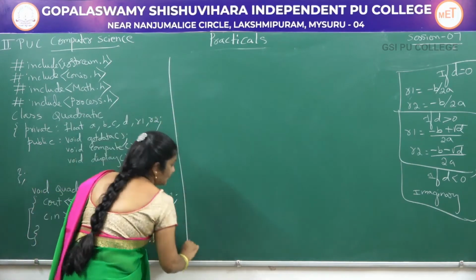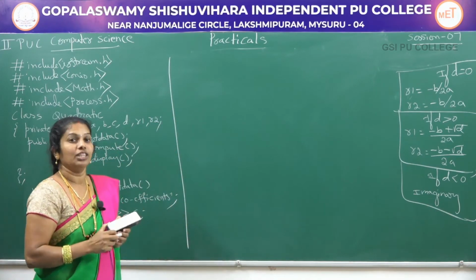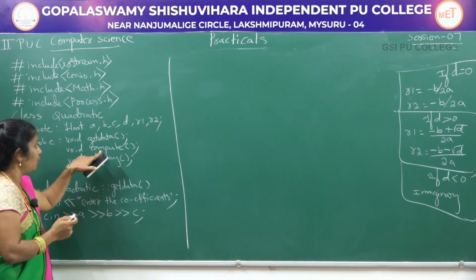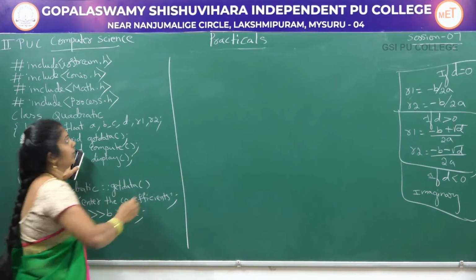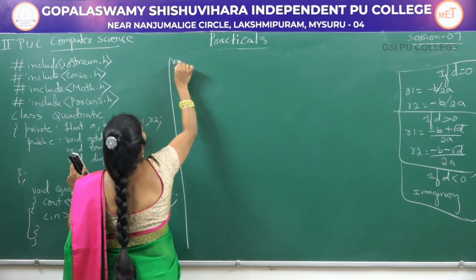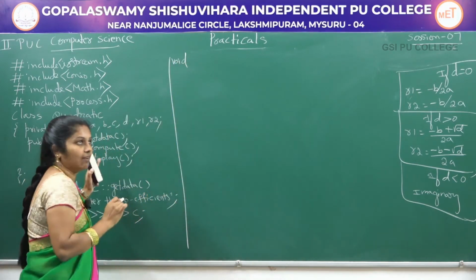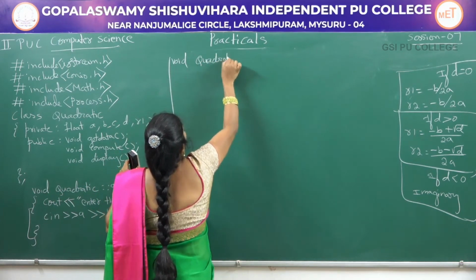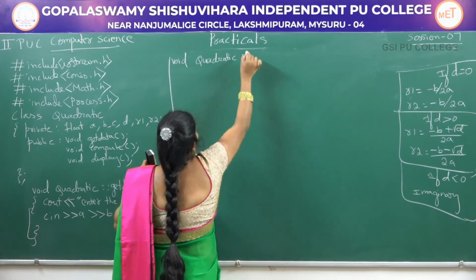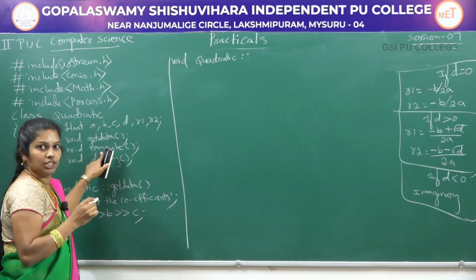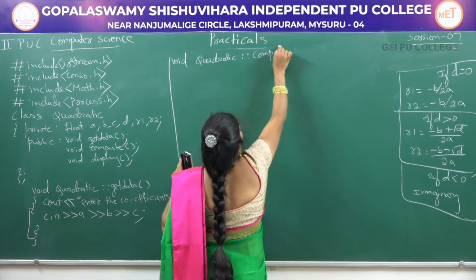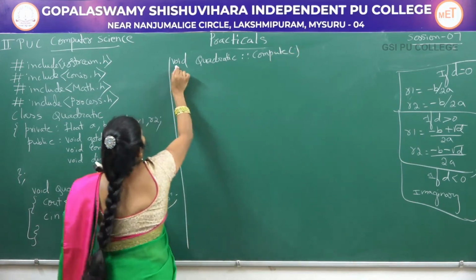Now, next I am going to write the compute function. How to write the compute function? The return type here is void, then once again void, the class name we have given is quadratic, then the scope resolution operator, and the function name compute.